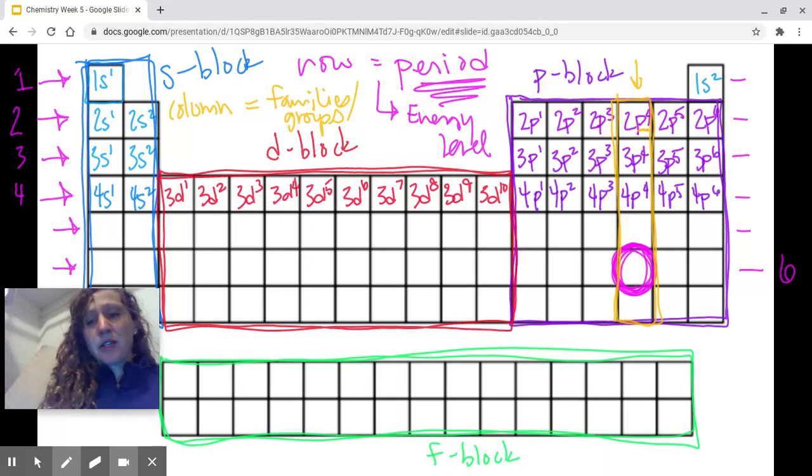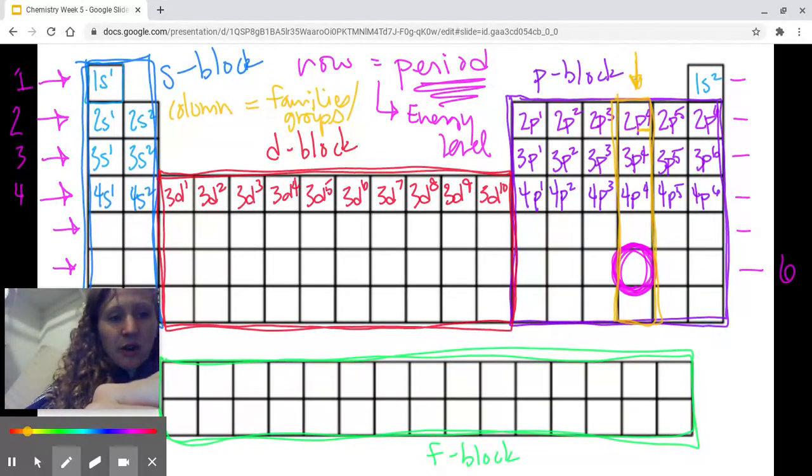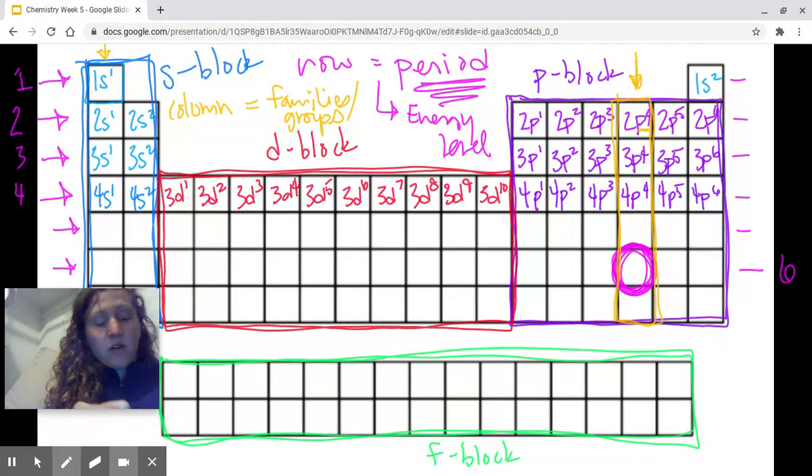So for example, this family or this group, its very last electron will always be the fourth electron in the p orbital. And what's more, okay, hold on. Before I tell you what's more, let me just show you that this is always consistent. So we can look at the first row over here. They all have that very last electron going into the s orbital, and it's always the first one in the s orbital.